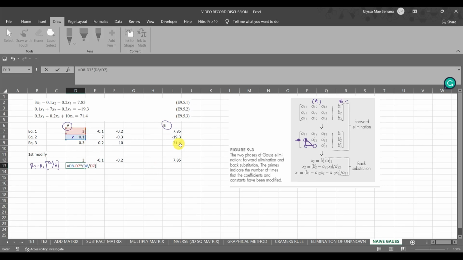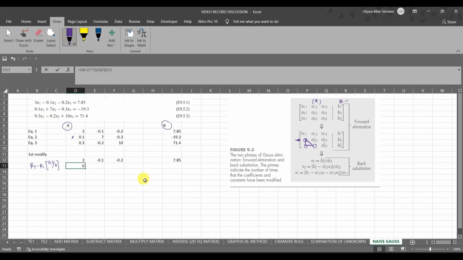And we're going to use this all for the second row. So, we put a dollar sign. Manually, this is simply row 2 minus row 1 multiplied by 0.1 divided by 3.